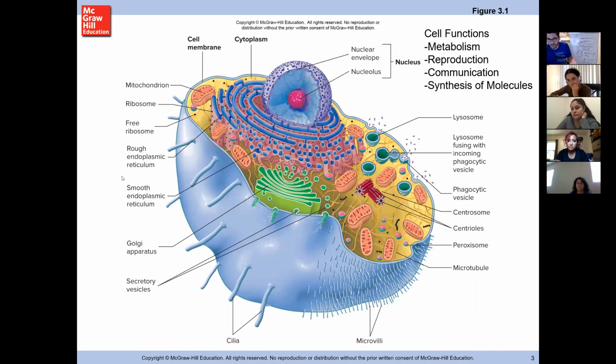Because we reach the upper limits of how big they can be to sustain the kind of metabolic activity that they have. And we'll find out that that's the limiting factor, is whatever the metabolism of the cell is. If it's got a higher metabolism, it can only get to be a certain size. If you've got a really slow metabolism, then you can probably be a lot bigger.